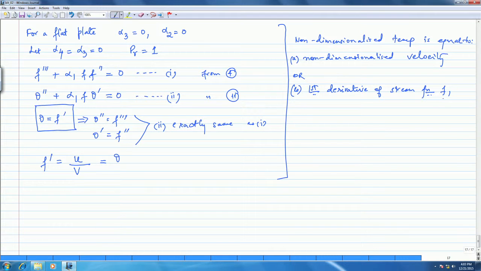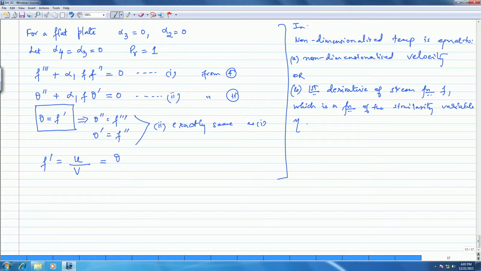f, which is a function of the similarity variable eta. F is a function of eta. What I am doing here is very important for you to do sometimes. When you look at something like this, jot down what inferences you get.